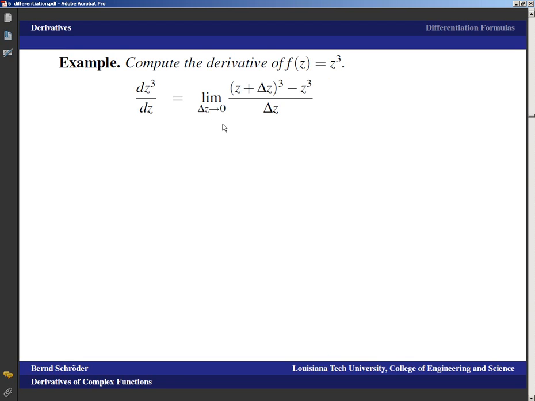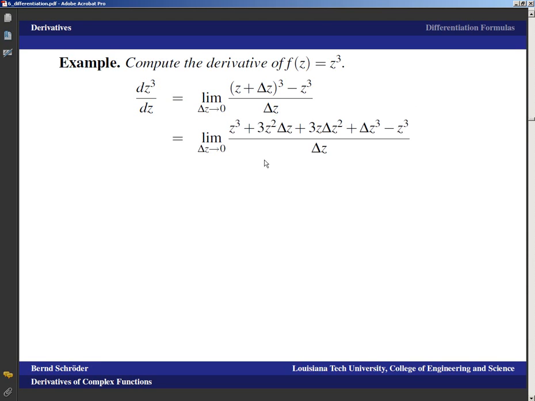And so we get that this is the limit as delta z goes to 0 of (z plus delta z) cubed minus z cubed divided by delta z, those wonderful difference quotients from your first calculus class that you may remember fondly or not so fondly, and you also remember what comes next. Now we just have to somehow get this into a form that we can cancel the delta z in the denominator, because we can't divide by 0 as delta z goes to 0.